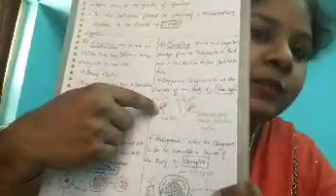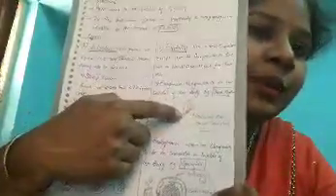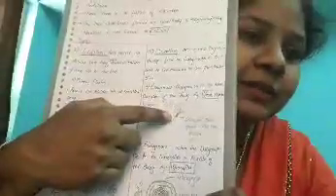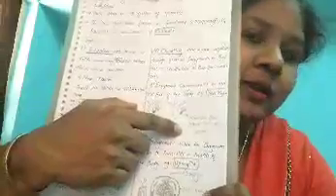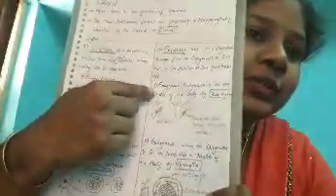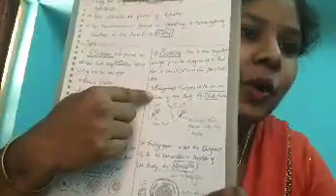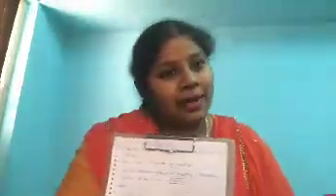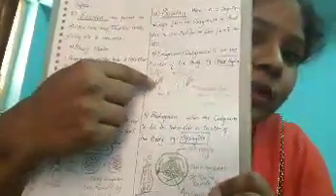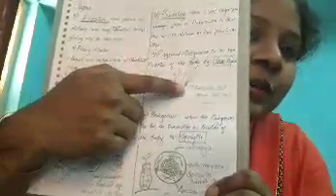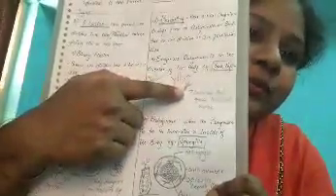When this bud gets detached from the parent body, it has the capacity to develop into a new individual. So exogenous budding is the budding seen on the outer part of the parent body, and when it detaches from the parent body it can further develop into a new individual.